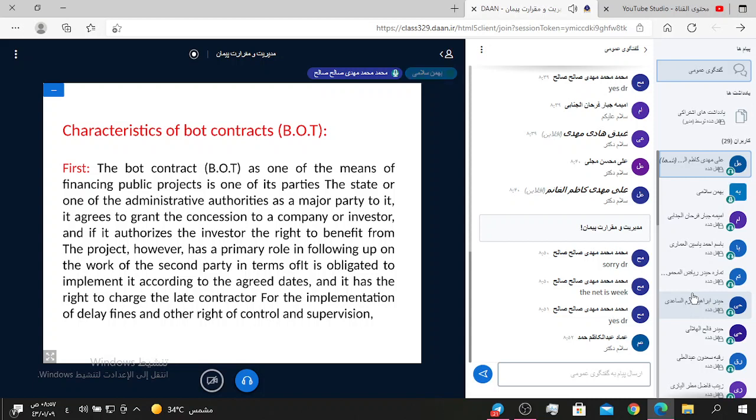Characteristics of BOT contracts. First, the BOT contract, as one of the means of financing public projects, has as one of its parties the state or one of the administrative authorities as a major party.